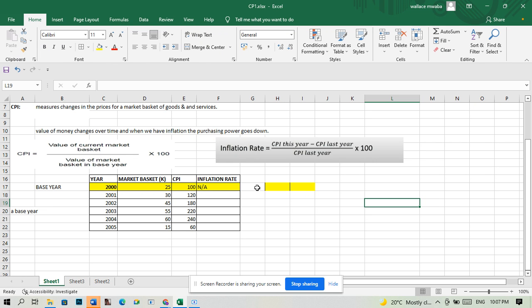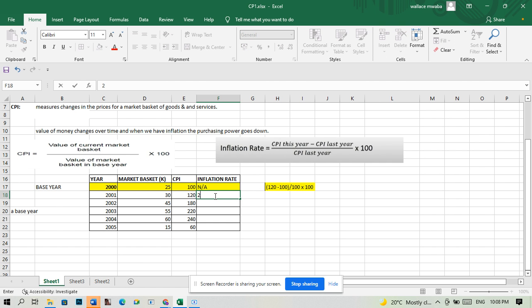In the meantime, while it's loading, so we'll say 120 minus 100, divided by 100, times 100. 120 minus 100, that's 20. 20 divided by 100, that's 0.2. 0.2 times 100, that gives us 20%.